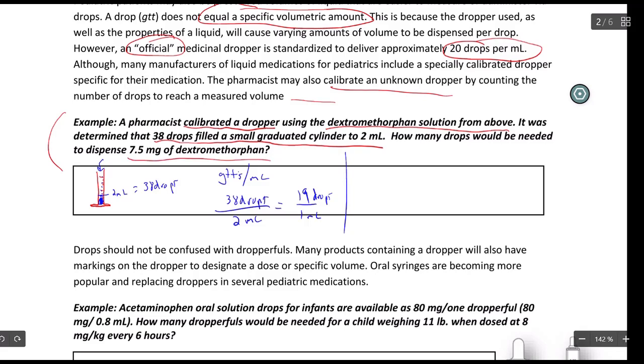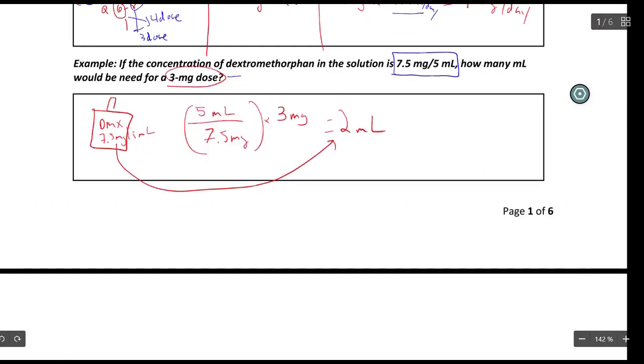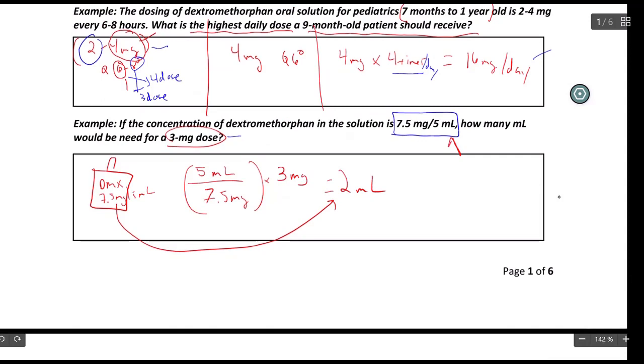Well, we know that the concentration of the dextromethorphan from above was 7.5 milligrams per teaspoon. So this right here, 7.5 milligrams, was in a teaspoon. I'm going to show you that. Here it is: 7.5 milligrams is in 5 ml.